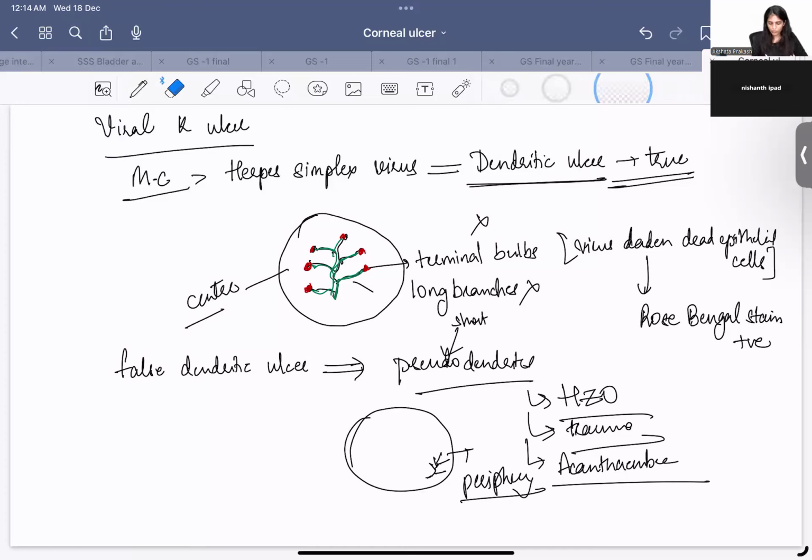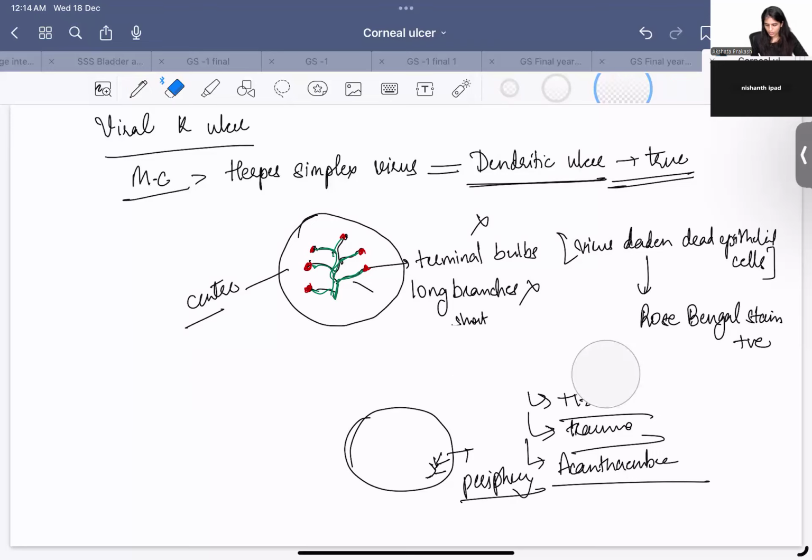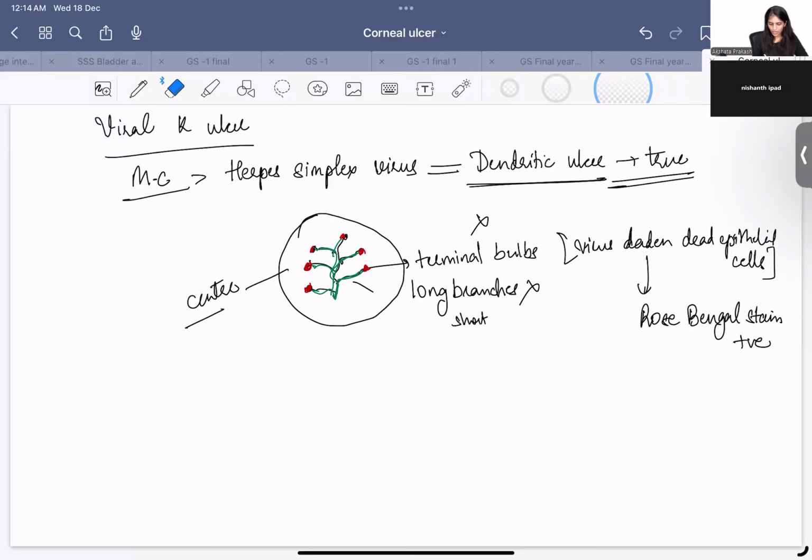We have to next move on to your dendritic ulcer. What are the stages for your dendritic ulcer? First, they form superficial punctate keratitis. They are just like dots. Then they progress to dendritic ulcer, which we just described. Then these dendrites may actually coalesce like this.